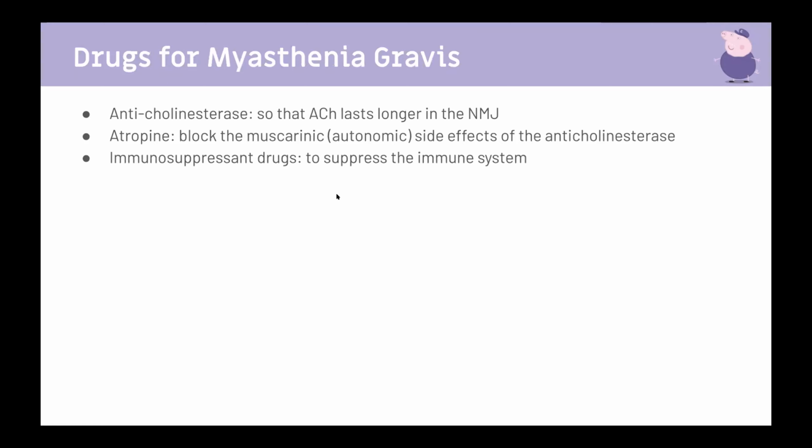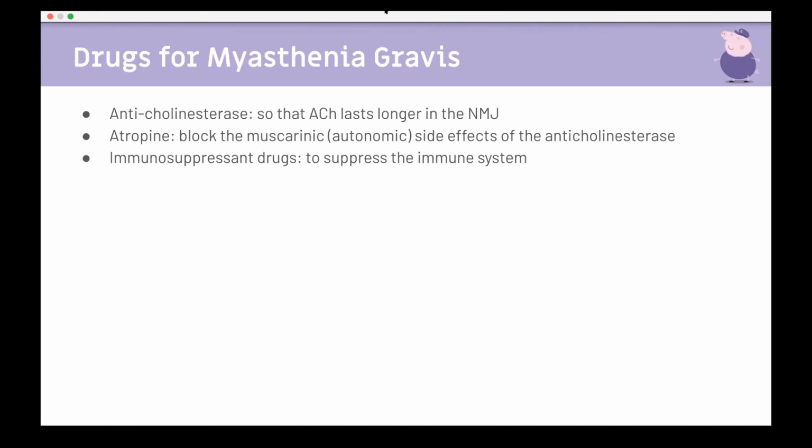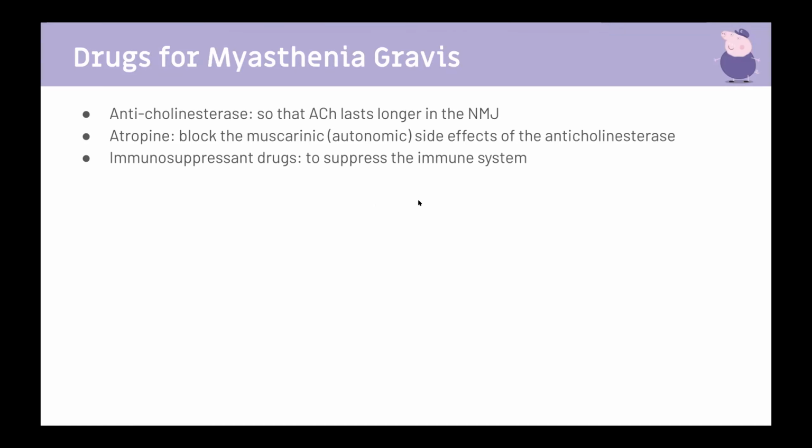Just another question: why would atropine, which works on cholinergic nerves, affect the lungs if that's controlled by sympathetic nerves? The interesting thing is that the lungs and the heart, for example, are innervated by both your sympathetic, so that's your adrenergic nerves, as well as your cholinergic nerves.